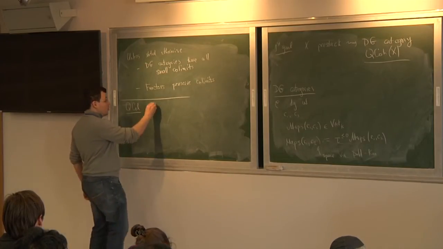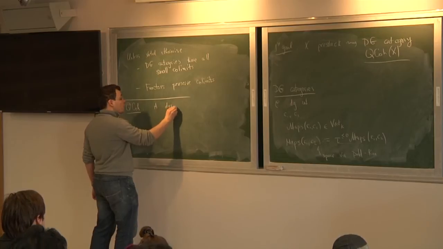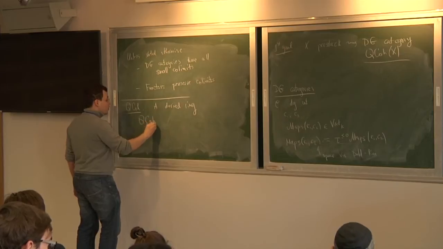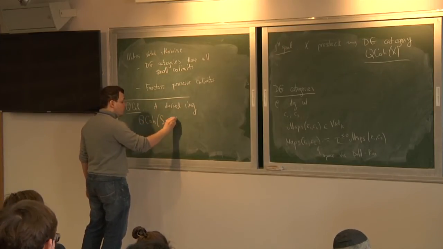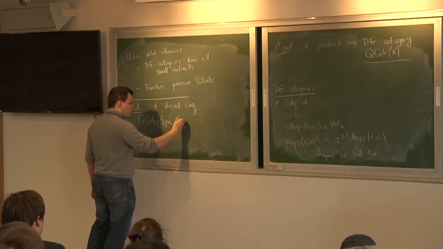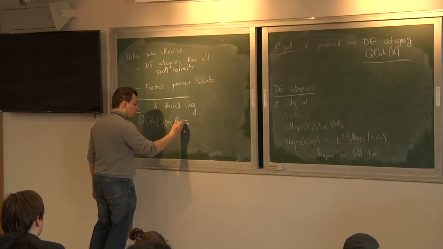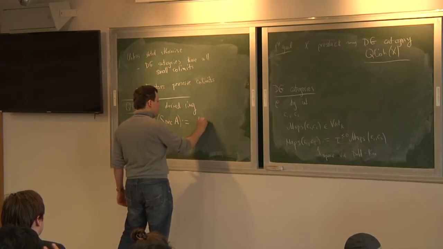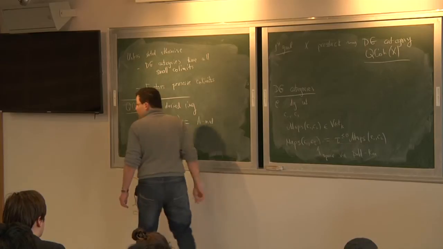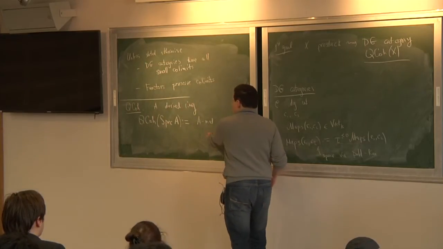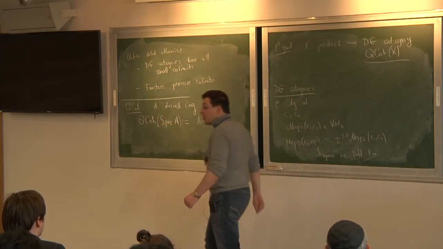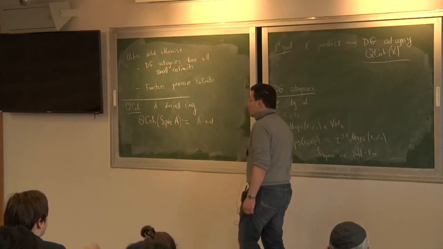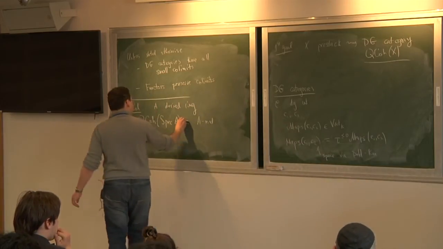And so if A is a derived ring, we'll define quasi-coherent sheaves on the spectrum of A to be just the DG category of A-modules. So you can look at chain complexes with an action of A. There's a notion of quasi-isomorphism. Invert that, and this forms a DG category.